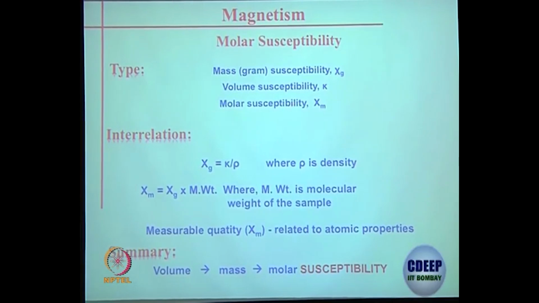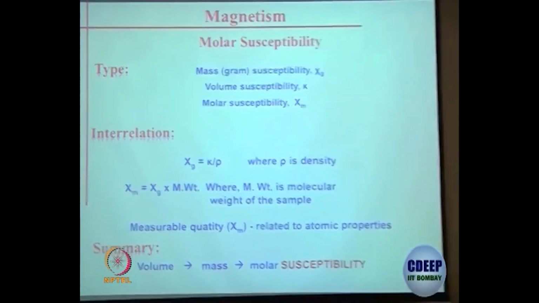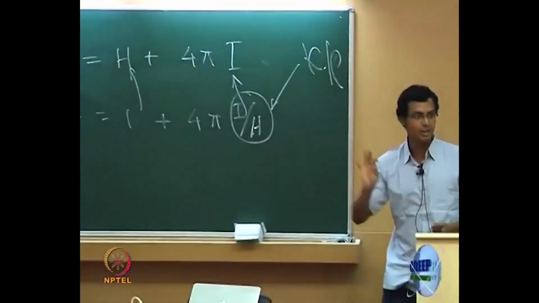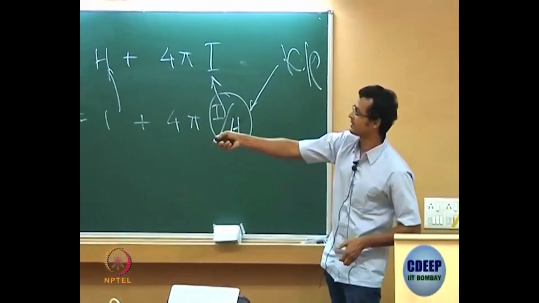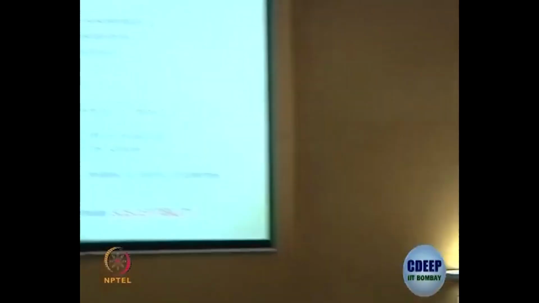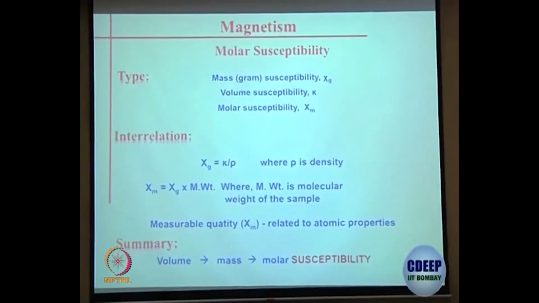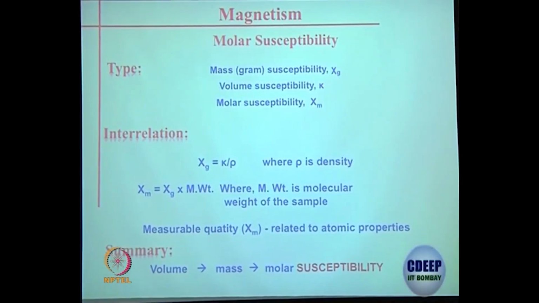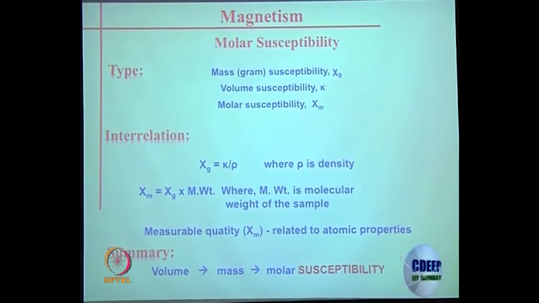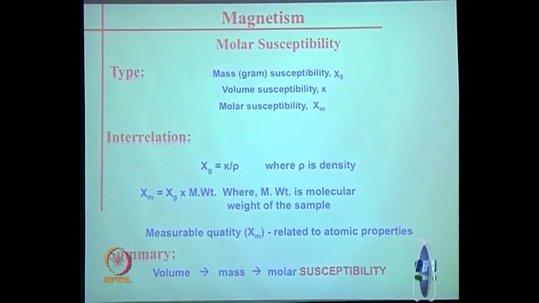So this I by H term, you divide it by rho, the density of the molecule, and you get chi g, the gram magnetic susceptibility. This term you multiply by molecular weight, and you get the molar susceptibility.